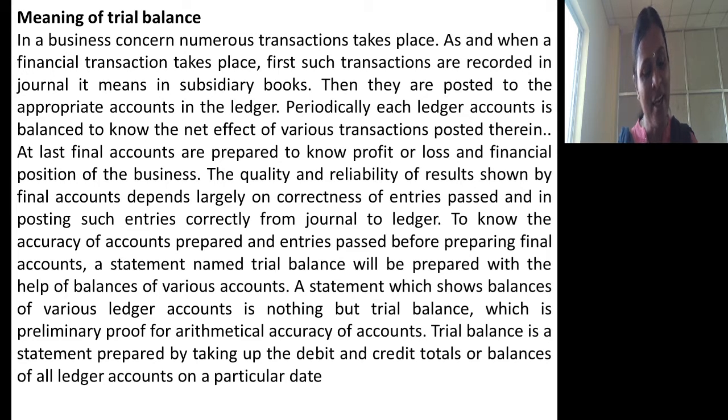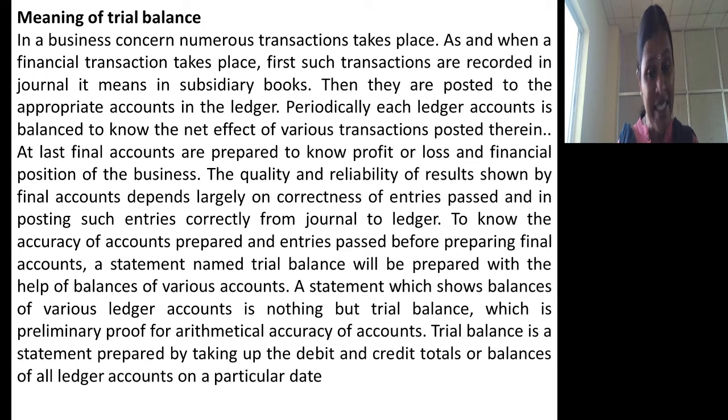Try to understand. We record the transaction in the book of original entry called journal. Later we post it to a book known as ledger, where we prepare various accounts. Periodically we balance the accounts to know the effect of various transactions posted therein. At the end of an accounting year, we will prepare final accounts. The quality and reliability of that final account depends upon how correct you are in passing journal entries and in posting entries from journal to ledger.